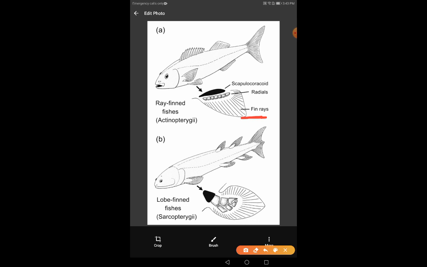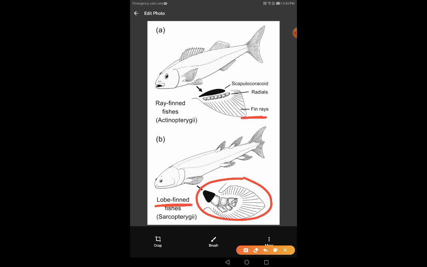While lobe-finned fish have a strong type of fin rays which can support weight above them. This is the reason why lobe-finned fish are considered the ancestors of amphibians.